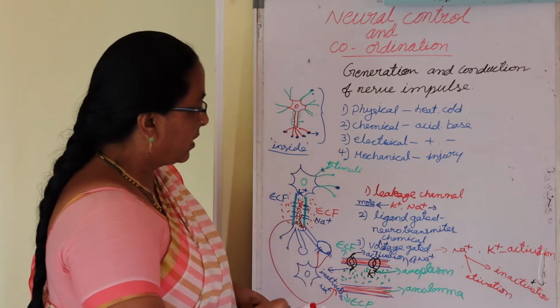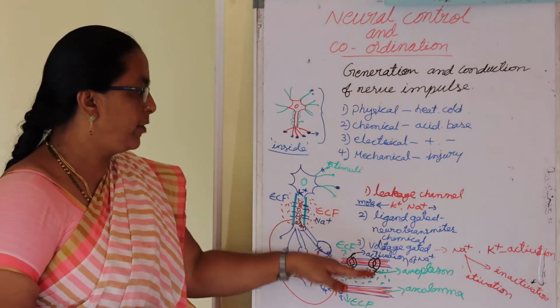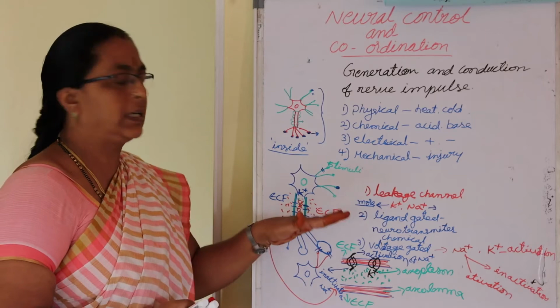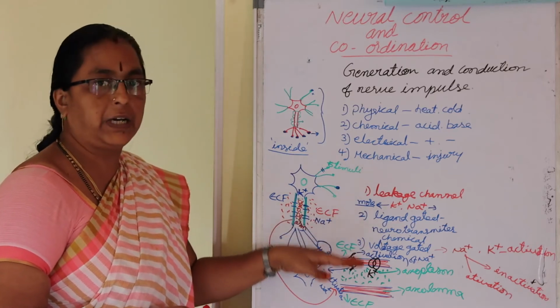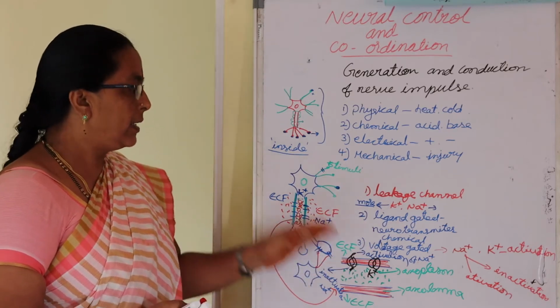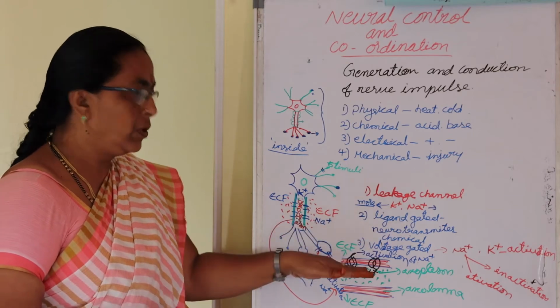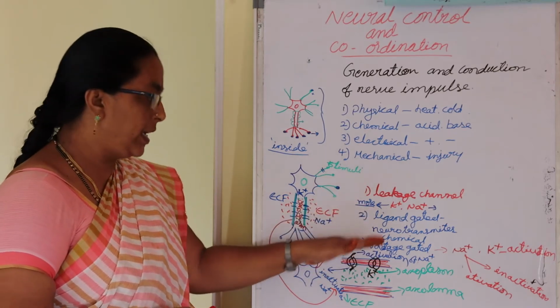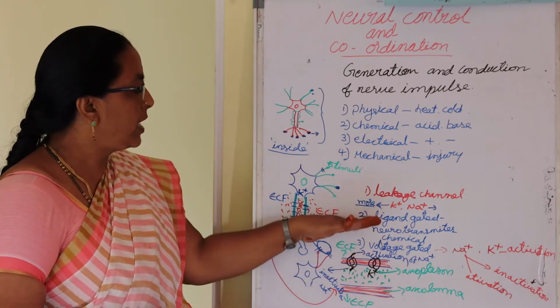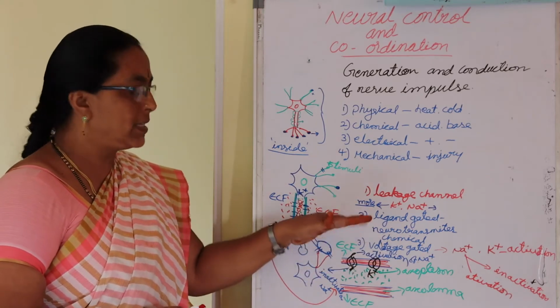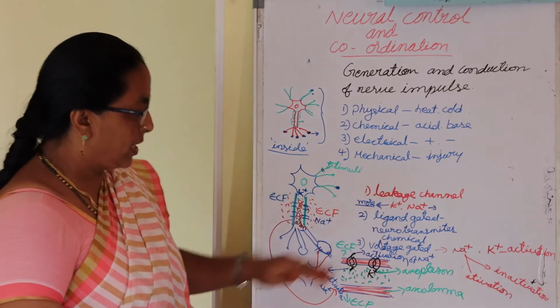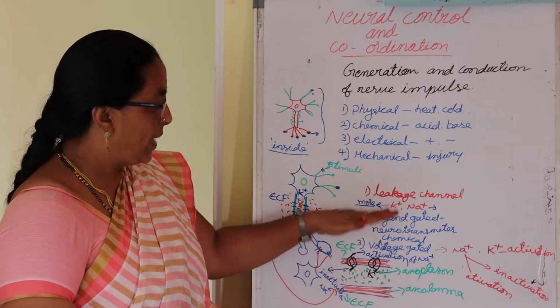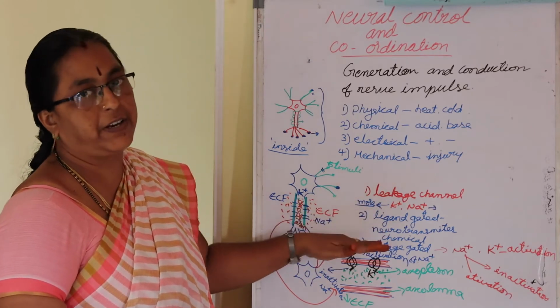So ion diffusion takes place due to the concentration gradient of the ions, and these ions exchange through diffusion or gated channels outside and inside and balance, and it generates the plus minus charge difference.